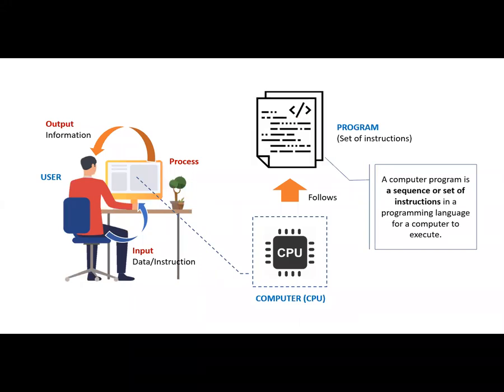Then the computer follows this program and outputs the information. The computer uses this program to process the input. And these computer programs are written using computer languages, and the process of writing a computer program is called programming.